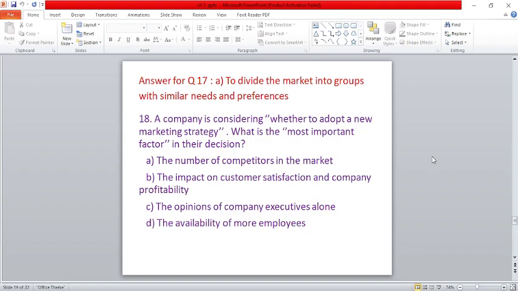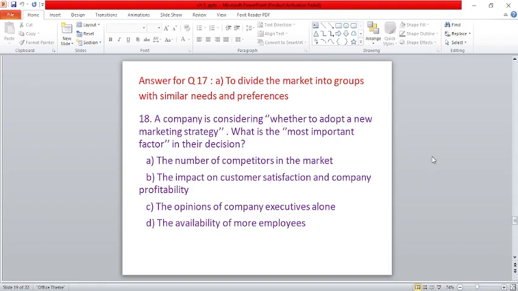What is the most important factor in their decision? A. The number of competitors in the market. B. The impact on customer satisfaction and company profitability. C. The opinion of the company's executives alone. D. The availability of more employees. The answer for question number 18 is B. The impact on customer satisfaction and company profitability.